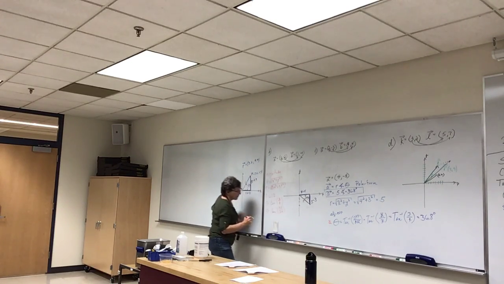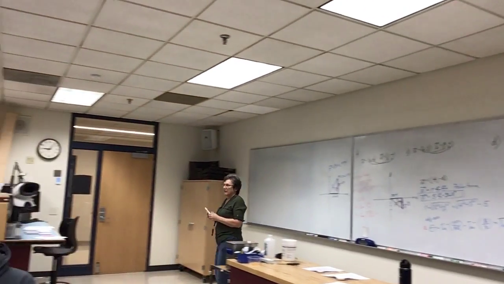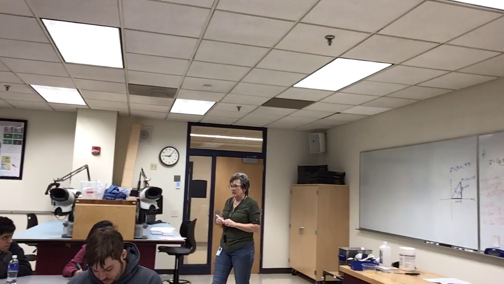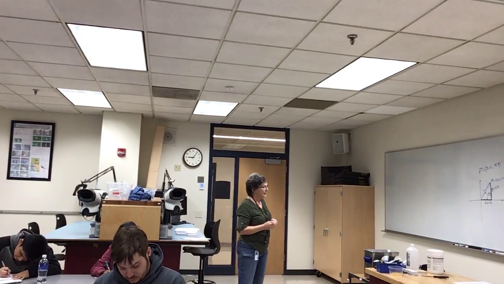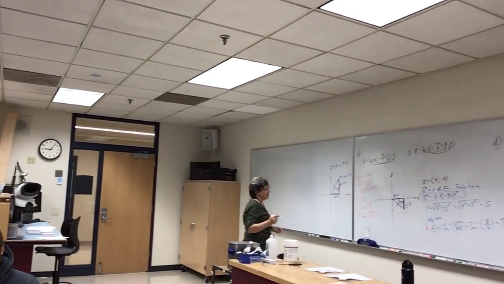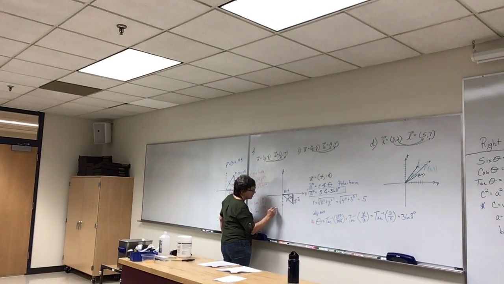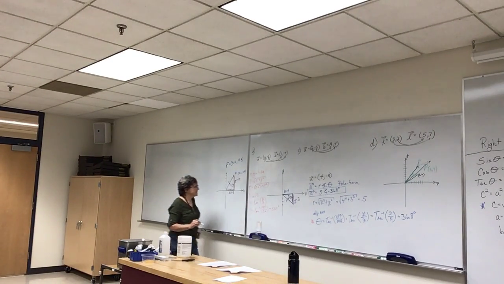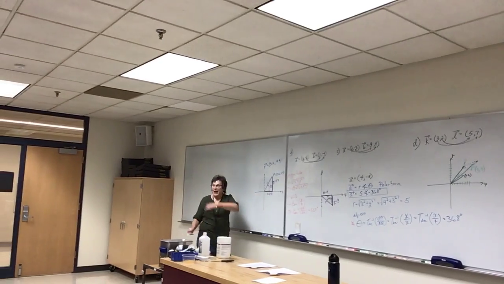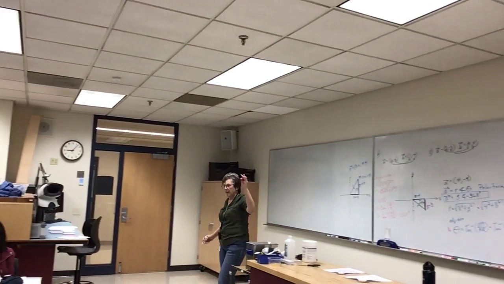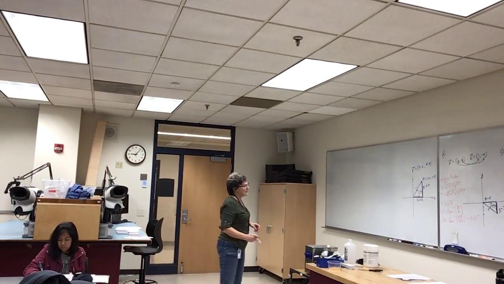What does theta equal? Did anybody else get the same answer? Yep. Degrees. And that makes sense too because I'm past the 45-degree mark, right? Past that. So it kind of makes sense.